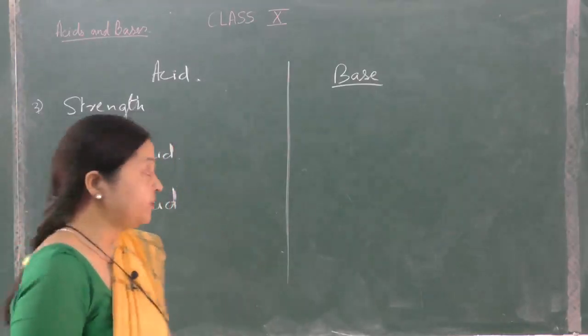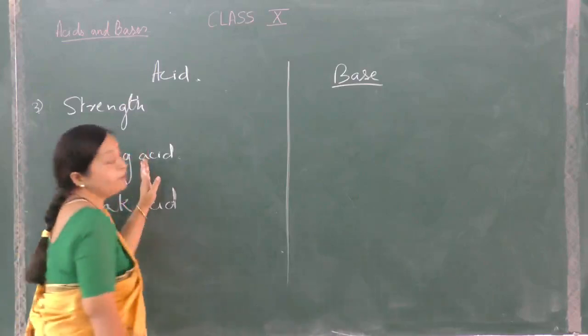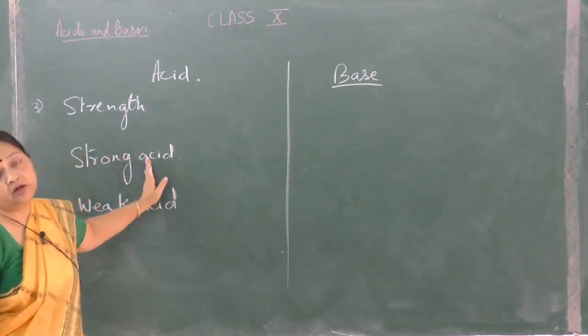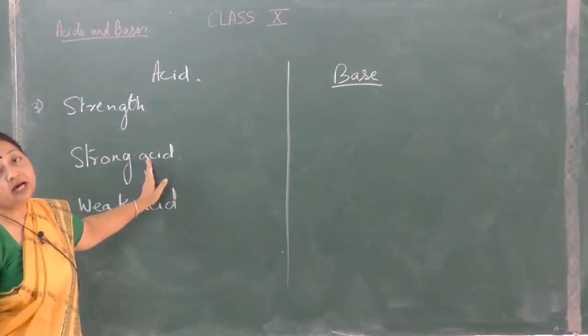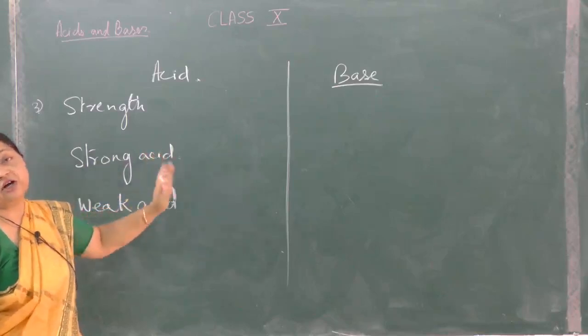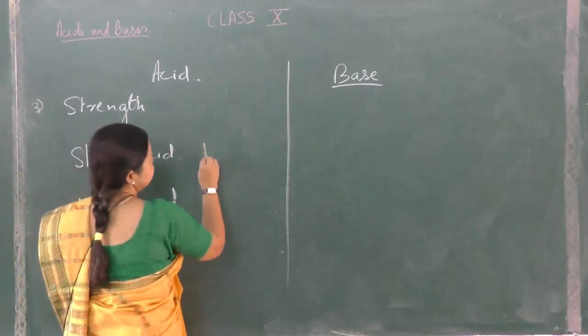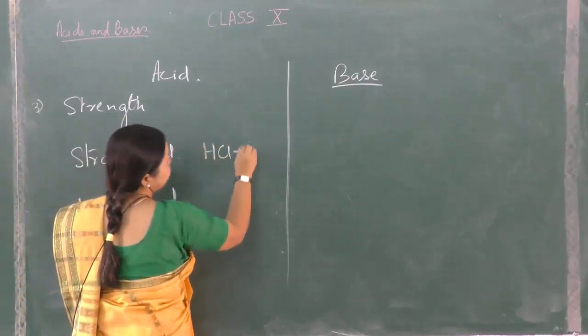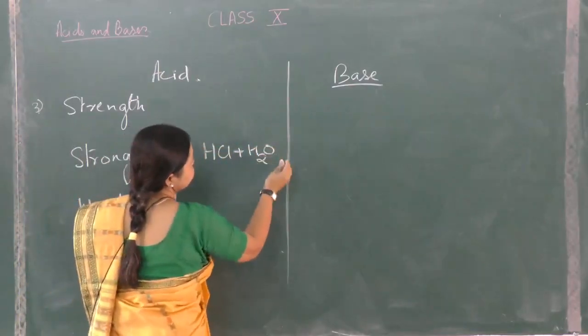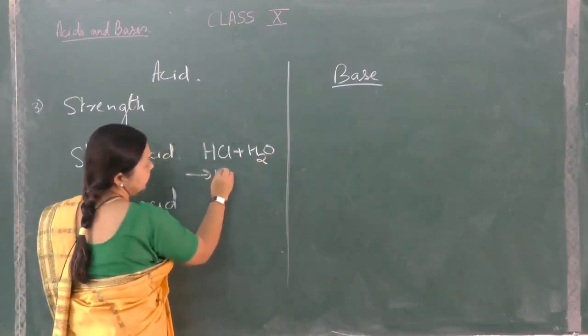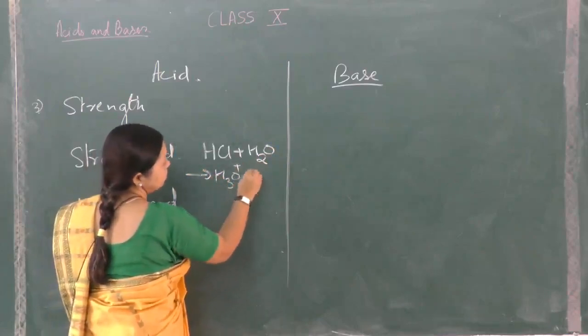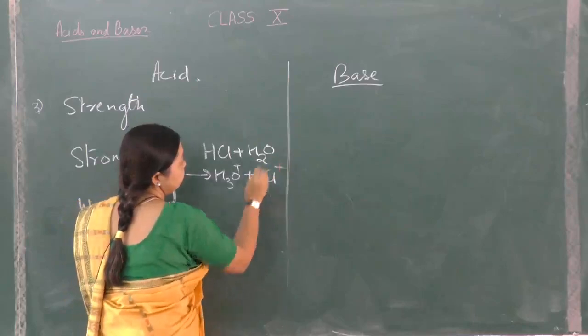If the acid completely dissociates in water, then what happens? Then you get a high concentration of hydronium ion or hydrogen ion. Suppose you have taken an acid HCl, and what is it producing? H3O plus and Cl minus.